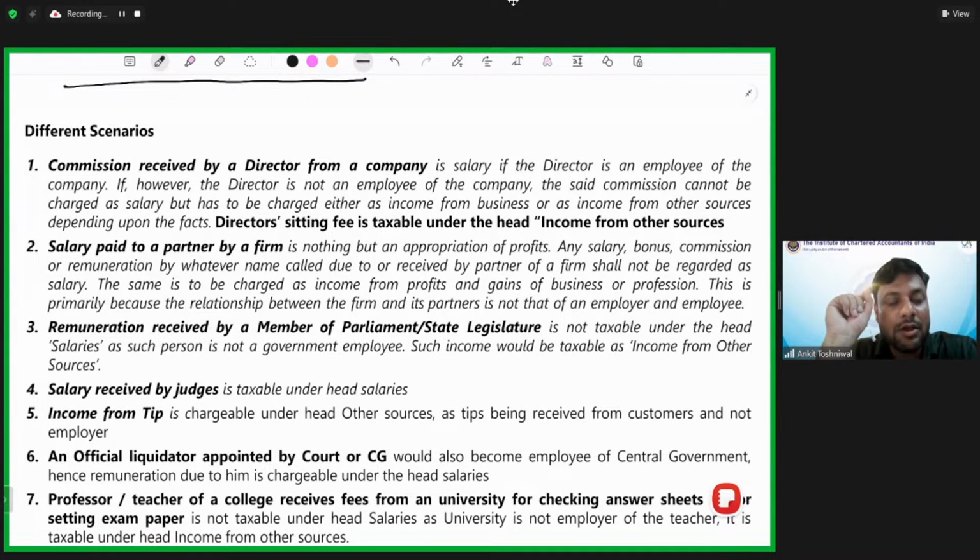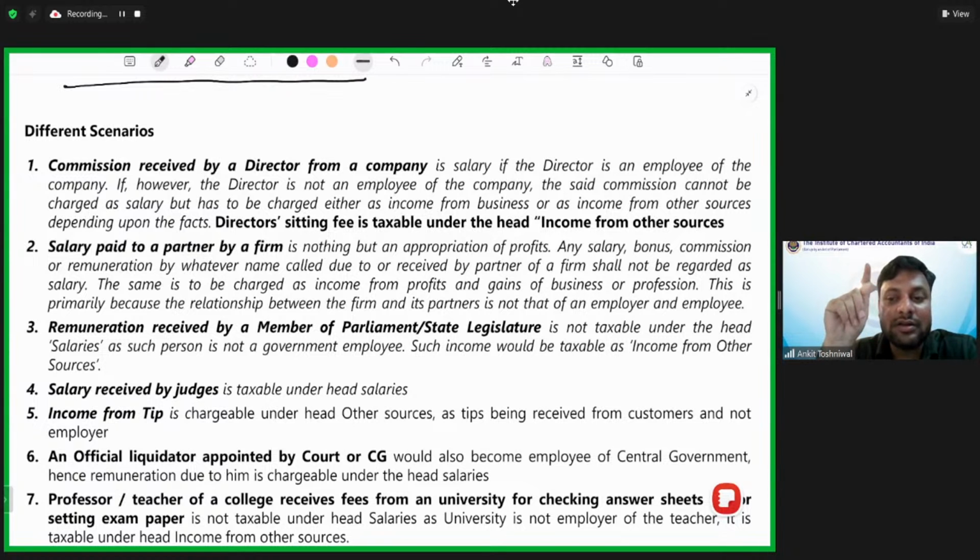But if he is not an employee of a company and he is getting a commission, then such commission is taxable under the head business or profession or other sources as the case may be. However, sitting fees is taxable under the head income from other sources. Why? Because he can get the sitting fee only in the capacity of a director.